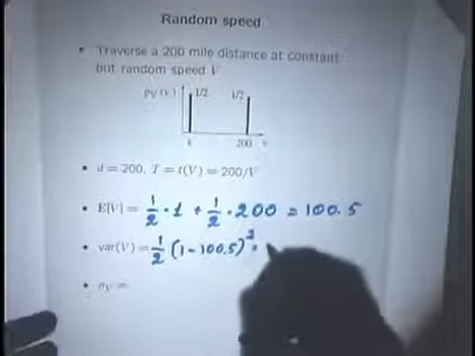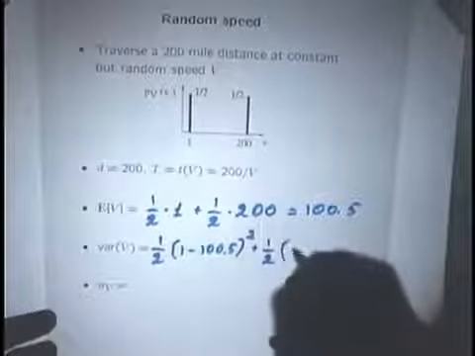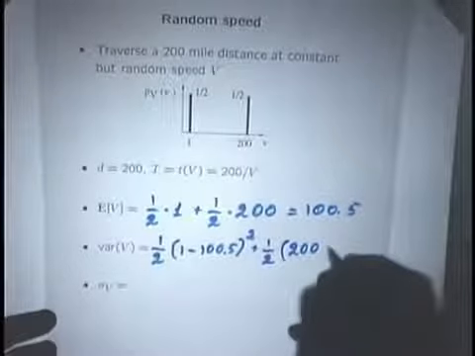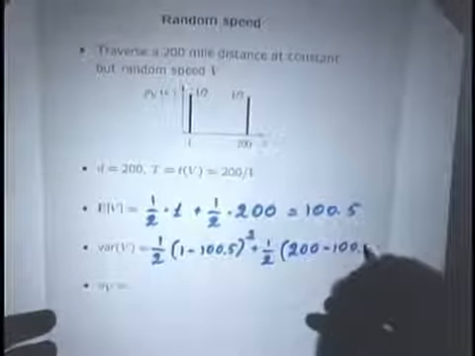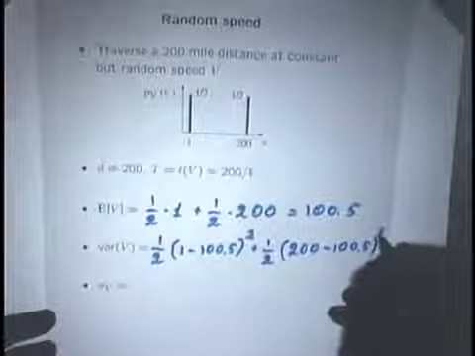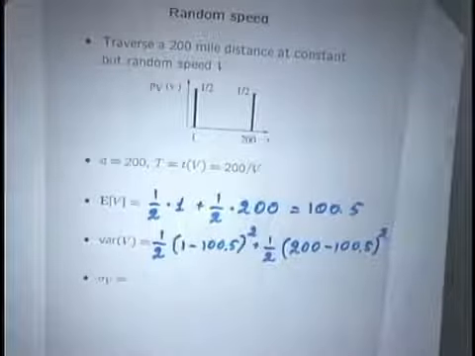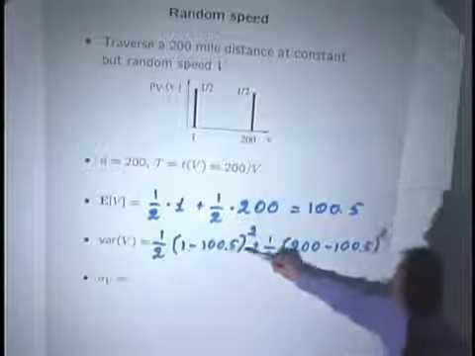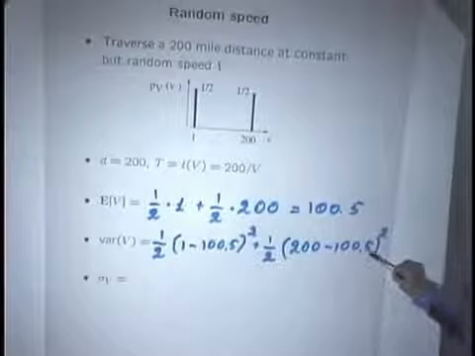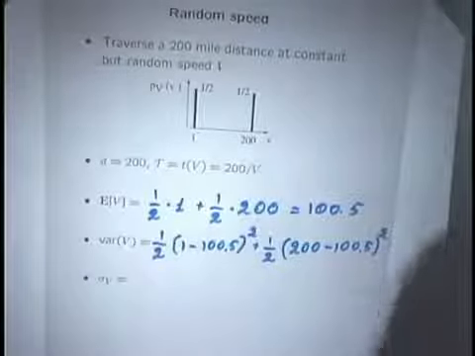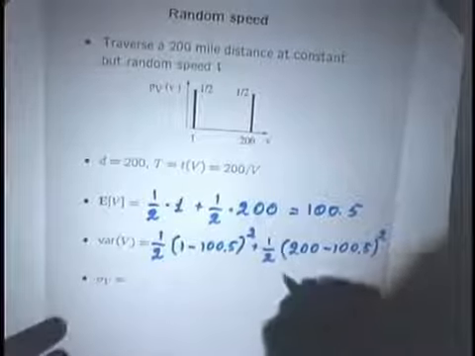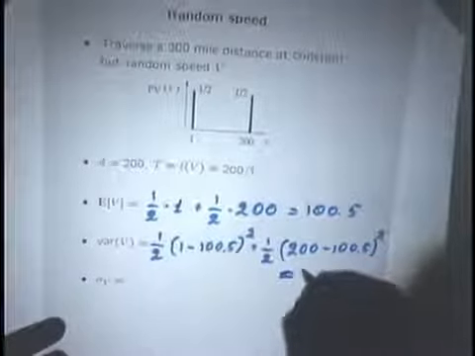And with probability 1/2, you're going to travel at a speed of 200, which is this much away from the mean. You take the square of that. Okay, so approximately how big is this number? Well, this is roughly 100 squared. That's also 100 squared. So approximately the variance of this random variable is 100 squared.